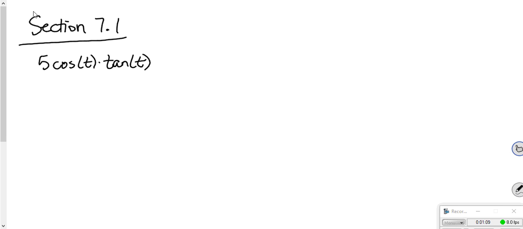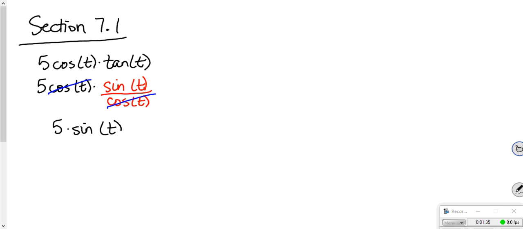So that's what we're going to do. Now you'll notice that I've got a cosine on top and a cosine on bottom. Those will cancel. So this just ends with 5 times sine t. That would be your answer. That is all you can do with it.